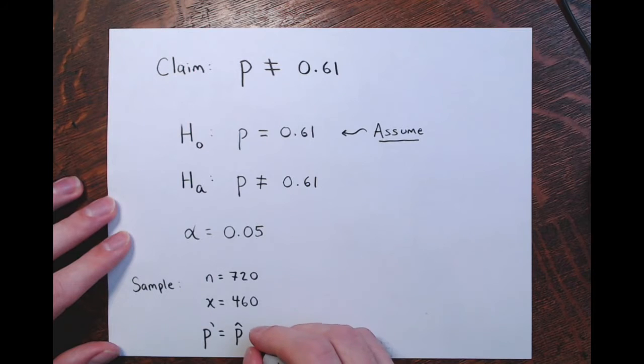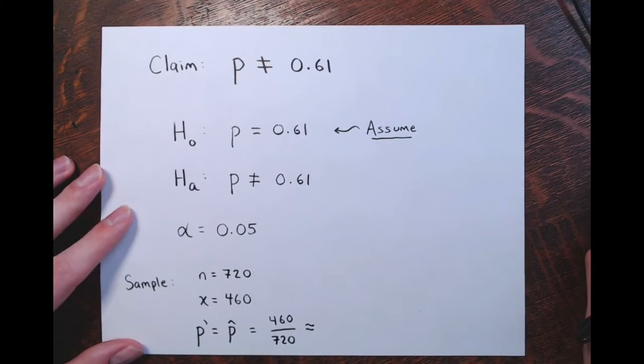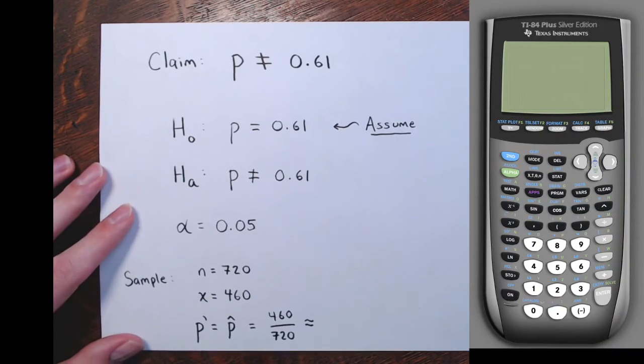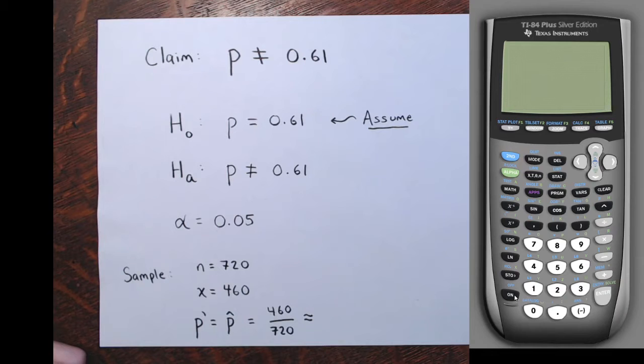The sample proportion of companies that use JavaScript primarily is 460 out of 720.